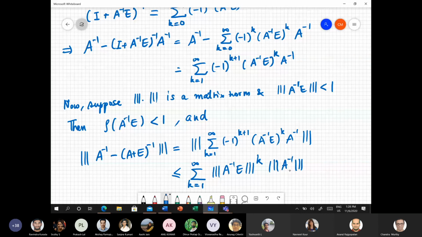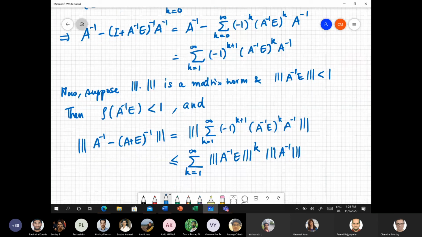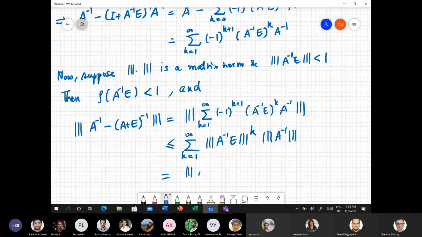Now this is not dependent on k, so it can come out of the summation, and since the norm of A inverse E is less than 1, this is summable, so I can write this to be equal to norm of A inverse E divided by 1 minus norm of A inverse E, times norm of A inverse.